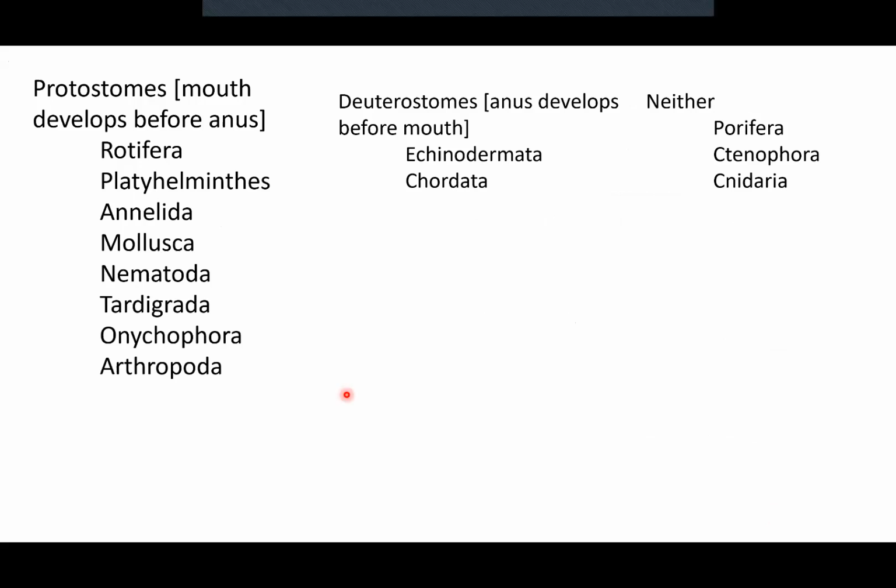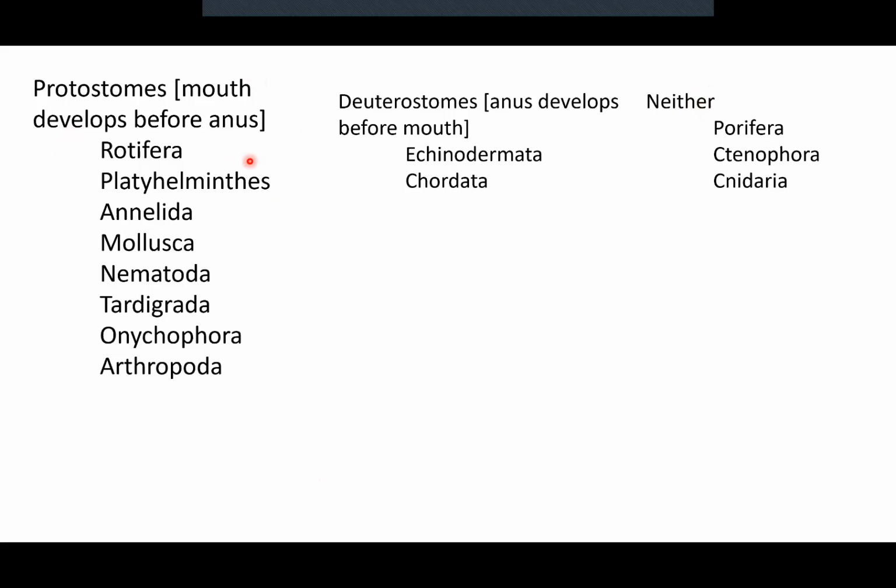The exam outline asks you to sort animals into protostomes, deuterostomes, or neither. I've done this for you here. In the protostomes, the mouth develops before the anus in embryonic development.